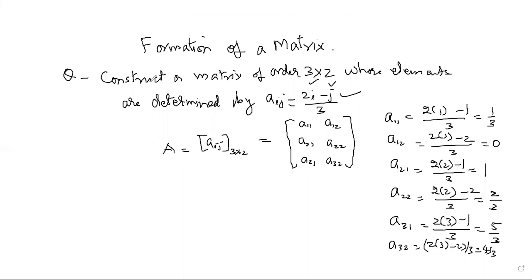So you get the required matrix as, therefore A will be equal to: A11 is 1 by 3, A12 is 0, A21 is 1, A22 is 2 by 3, A31 is 5 by 3, and A32 is 4 by 3. It has 3 rows and 2 columns. So like this we can make the matrix.